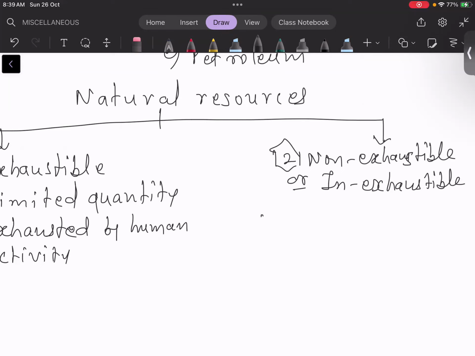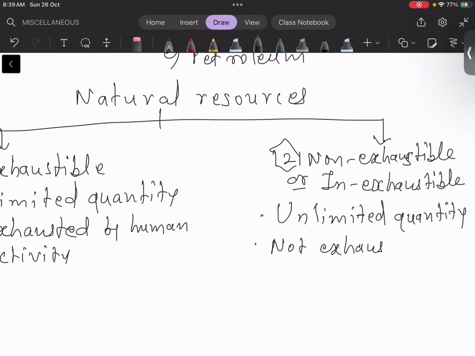These are the resources that are present in unlimited quantity, and they are not likely to be exhausted by human activity or their use.